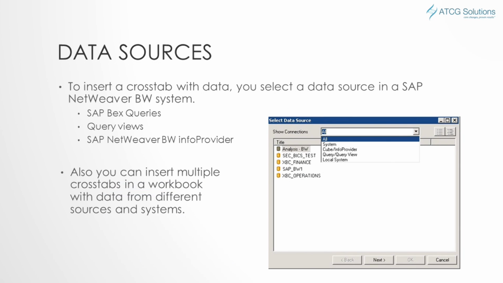And we use a data source, where we insert a cross tab with data. You can select a data source in an SAP NetWeaver BW system, such as SAP BEx Query, Query Views, and SAP NetWeaver BW InfoProvider. Also, you can insert multiple cross tabs in a workbook with data from different sources and systems.